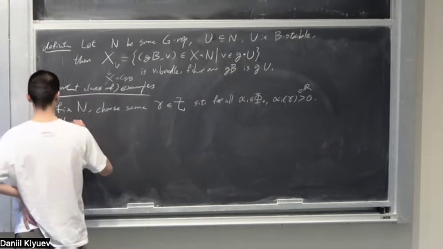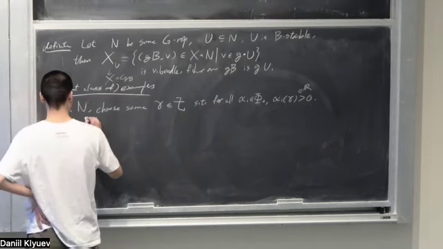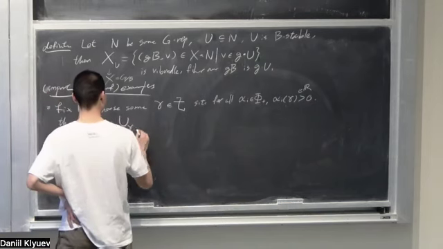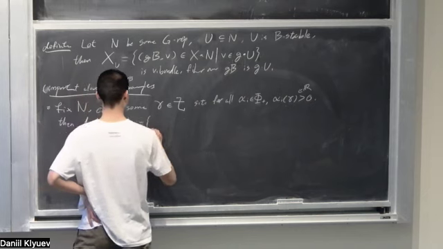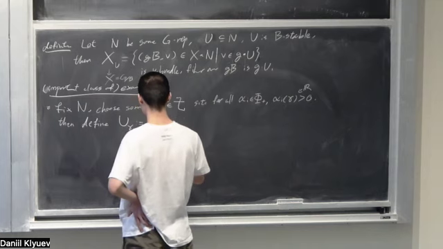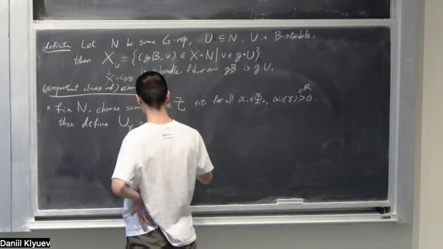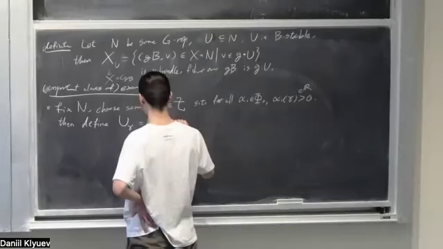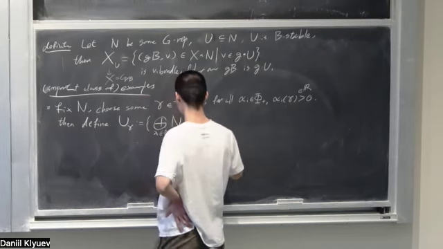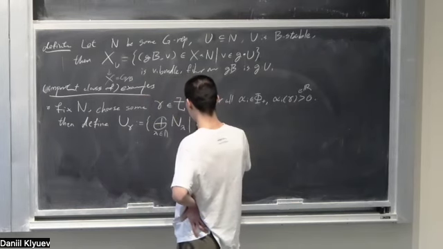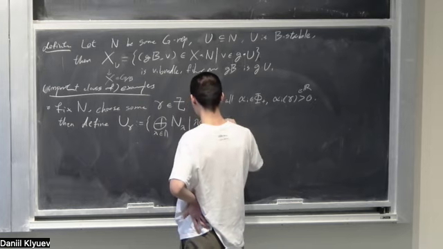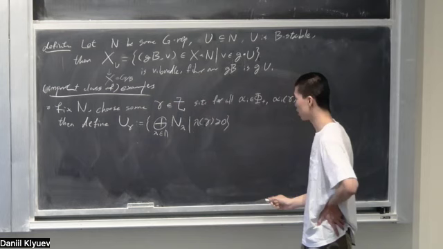Then define U sub gamma to be the sum. So we decompose into weights of N, lambda, such that lambda of gamma is non-negative, right?